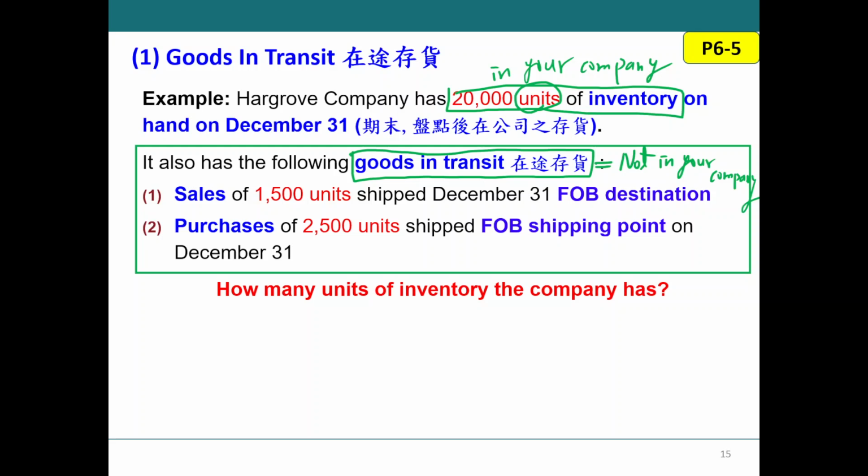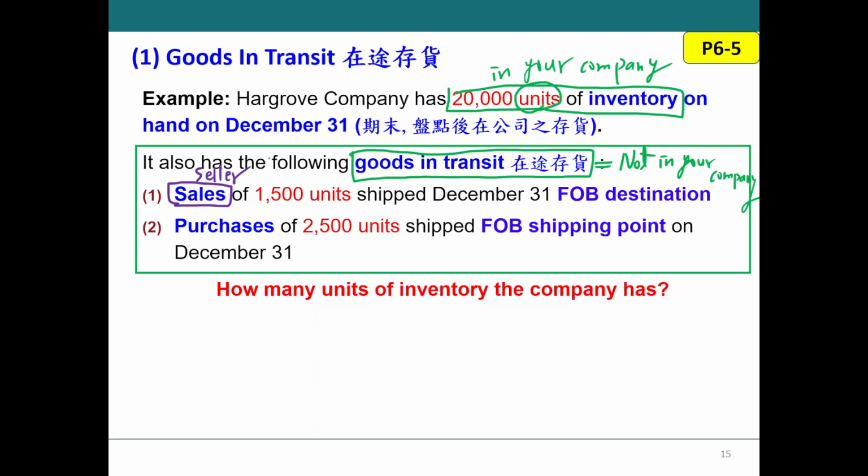Okay, so first case, you sold inventory, which is FOB destination. So first question is, are you the sellers or the buyer? You sales, so you had to figure out you are the sellers or the buyer first. Because sales, right? So you are the seller.